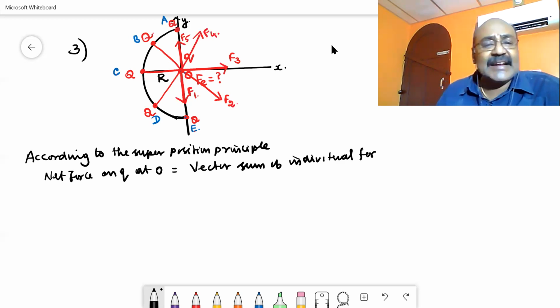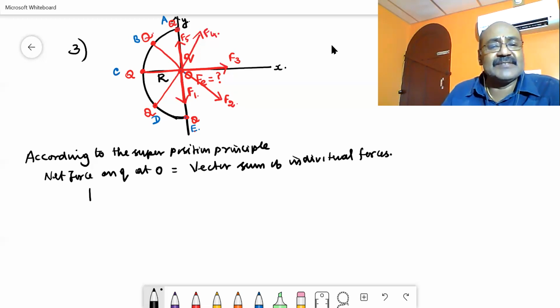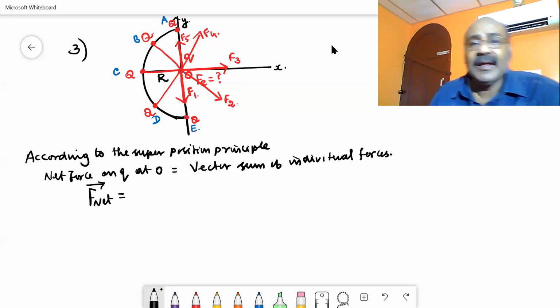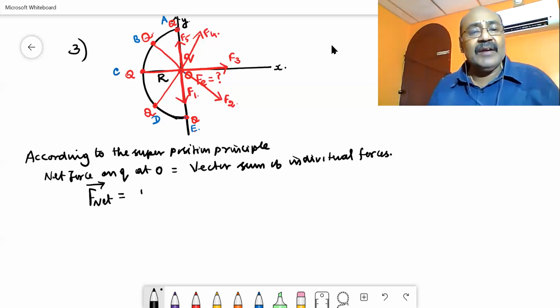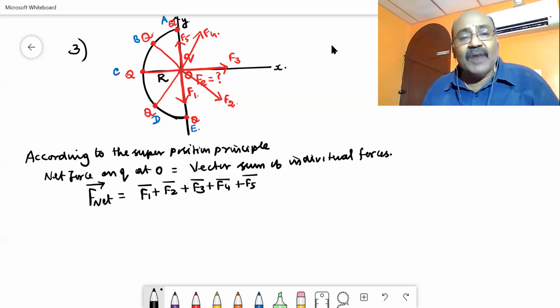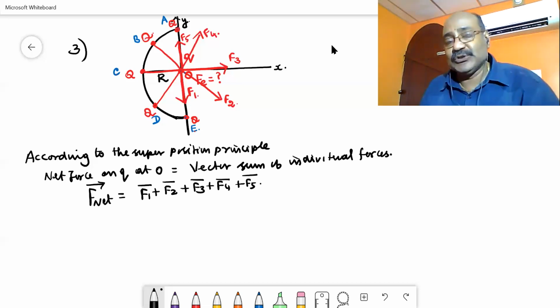Let us consider the net force as F net. So F net vector is equal to the vector sum of the individual forces. I can write F1 vector plus F2 vector plus F3 vector plus F4 vector plus F5 vector.